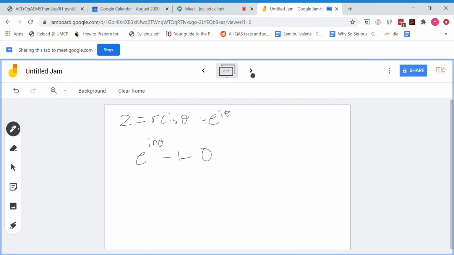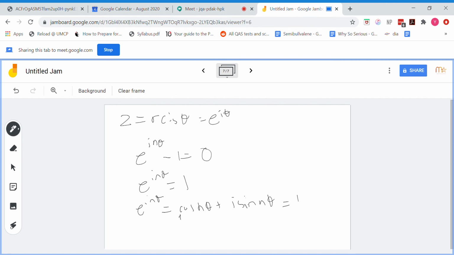And so if e to the power of i n theta minus 1 equals 0, that means that e to the power of i n theta equals 1, and e to the power of i n theta also equals cosine of n theta plus i sine of n theta, and this equals 1.